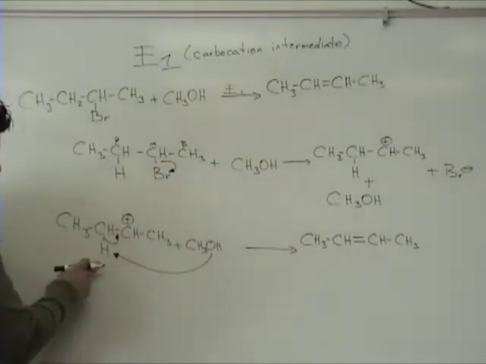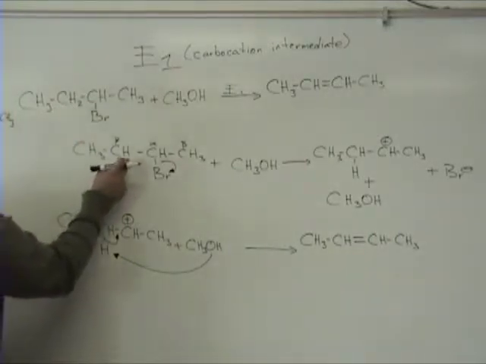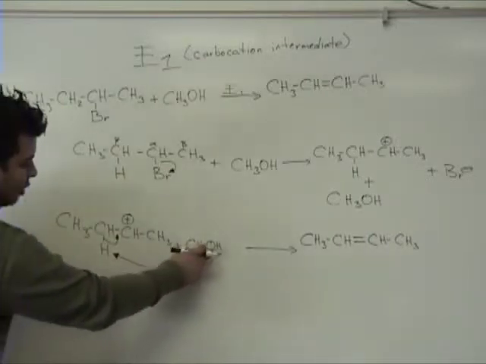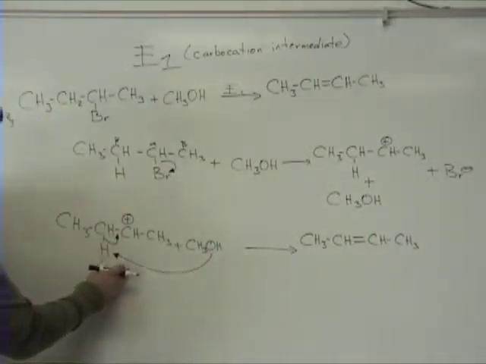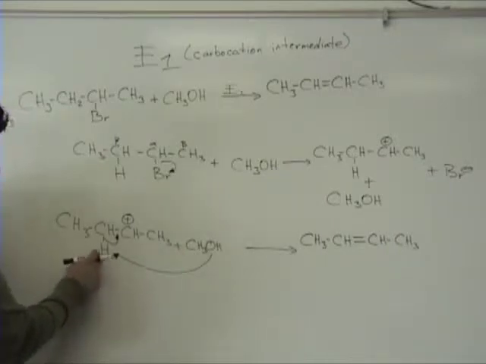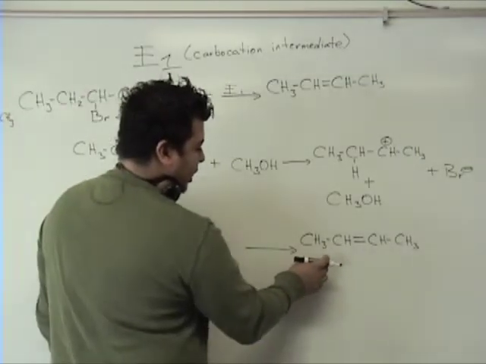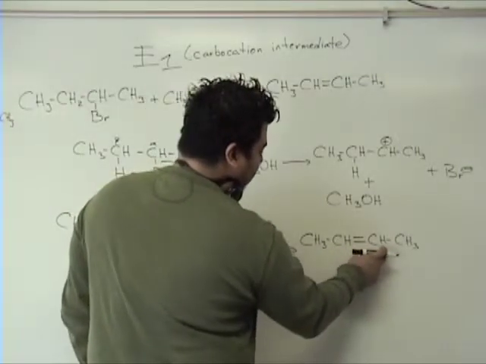Since this one is slightly acidic, this is a CH2, so I just wrote the H here, and I wrote the H on the bottom. So the base is going to pick it up, and then this bond is going to break, and it's going to make a double bond right here to stabilize this carbocation.